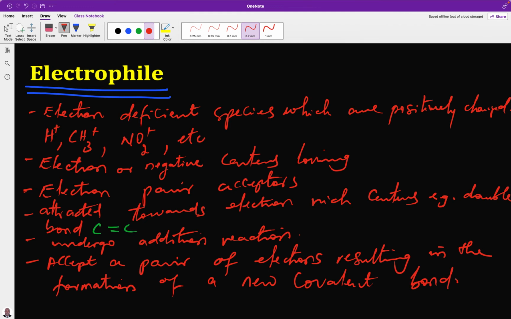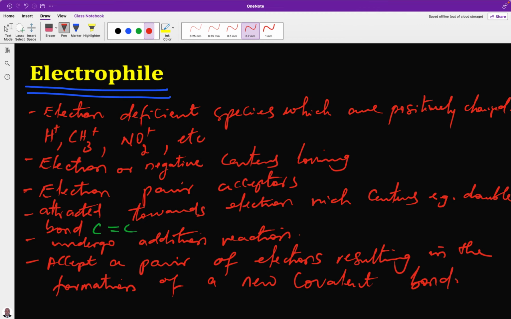So, learners, you should know what electrophiles are. These are one of the concepts we'll be using in our organic reaction mechanisms. They are electron deficient species, usually positively charged, and they are electron pair acceptors.